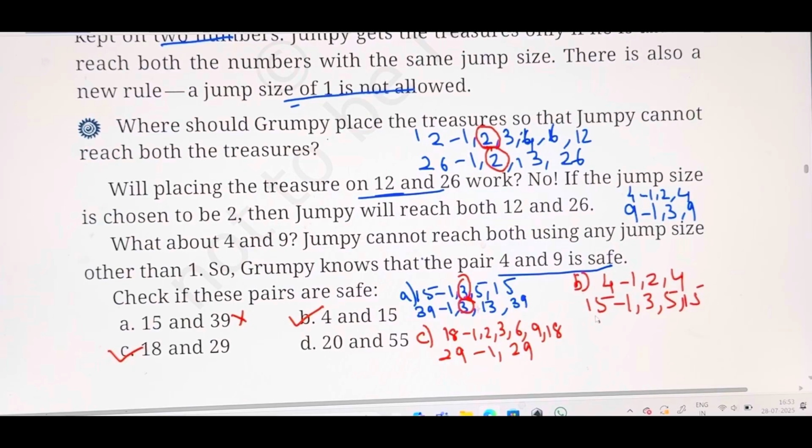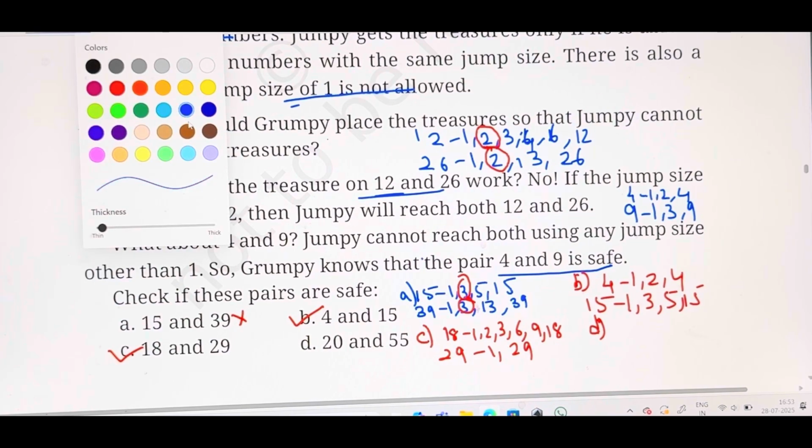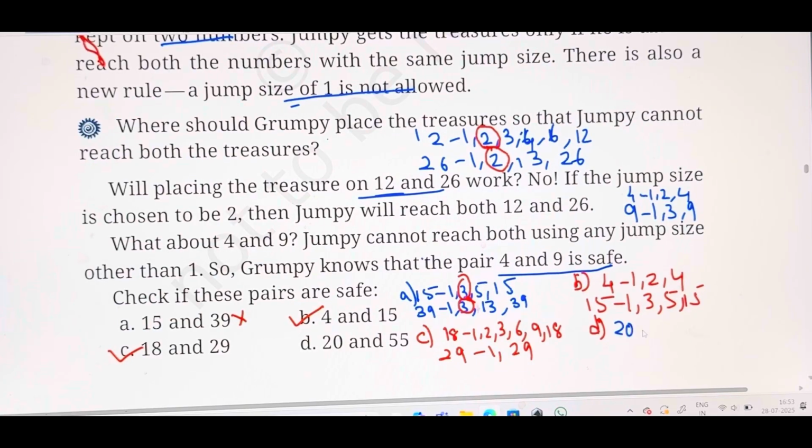Let us try with question number D. Let me choose a different color so that it doesn't mix up. 20, and factors of 20 are 1, 2, 4, 5 and 20.